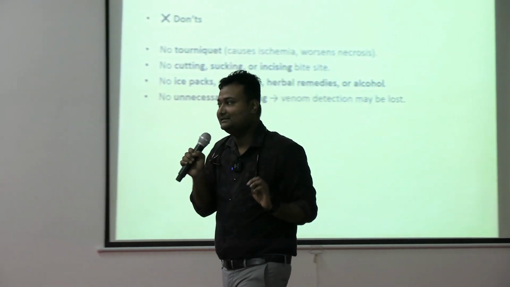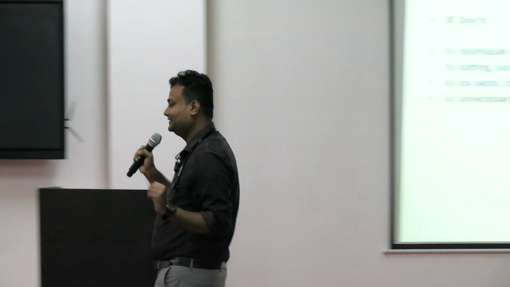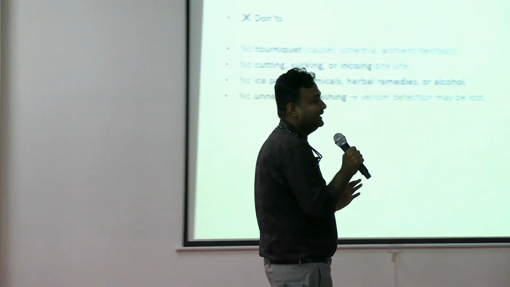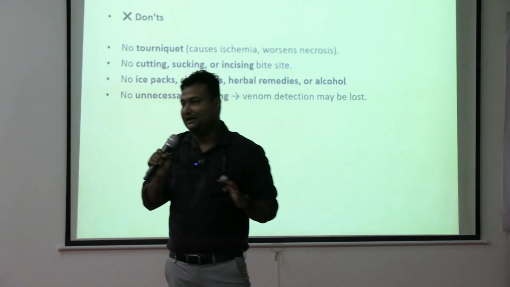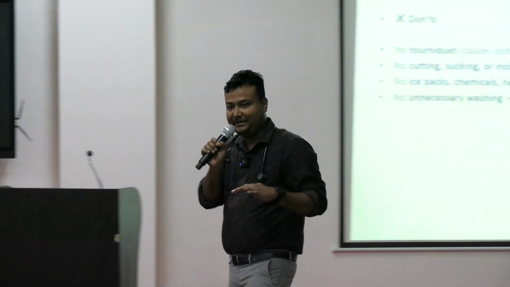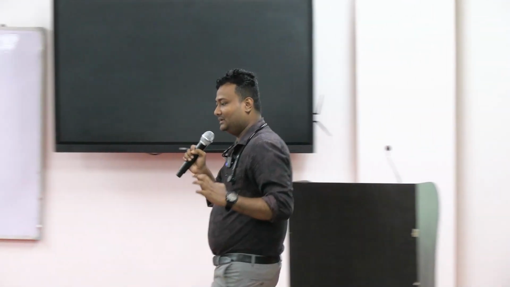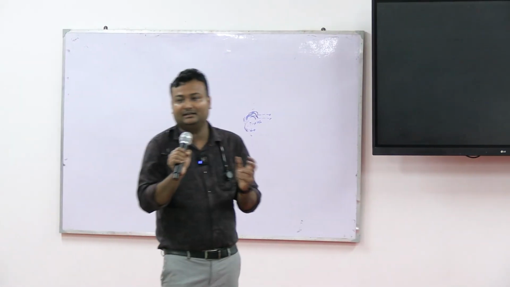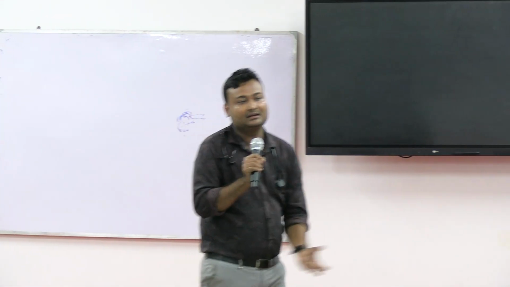Second thing is that it will prevent circulation, so there will be ischemia and hypoxia. Third thing is that after getting the patient to the hospital, when we remove the tourniquet, there will be a sudden gush of the poison to the other parts of the body.